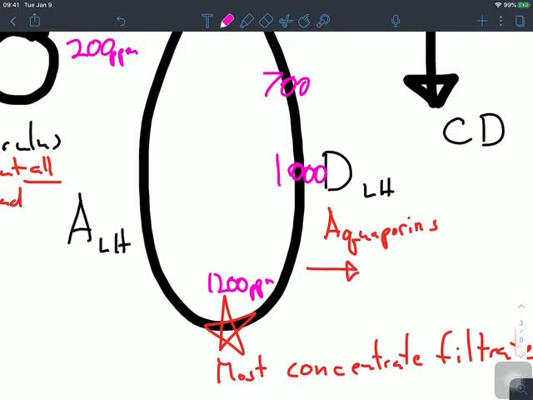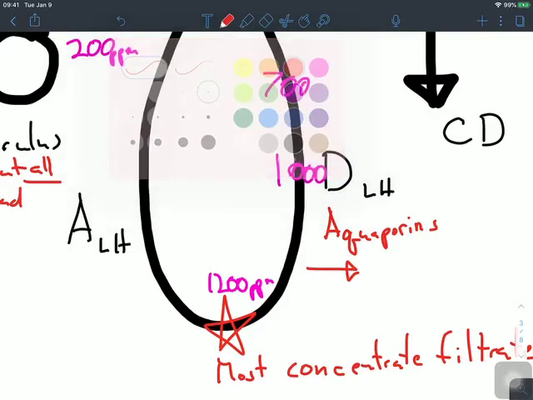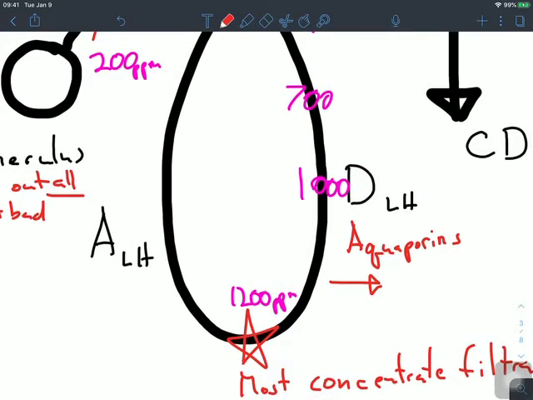But there are ions in there that you want to reabsorb. And anyway, that high concentration would be very, very concentrated urine. So we need to dilute it down a little bit here for storage purposes. So going up the ascending loop of Henle, we are starting to reabsorb some of those important ions.